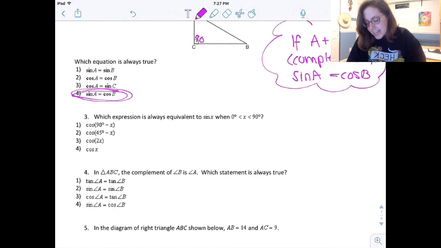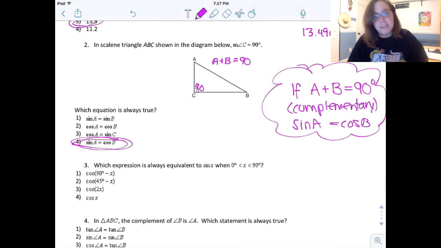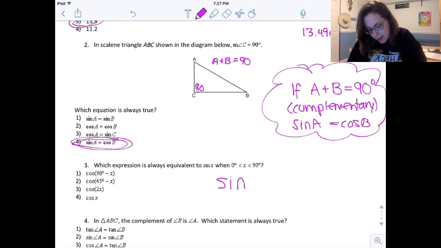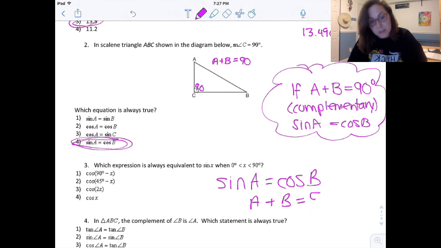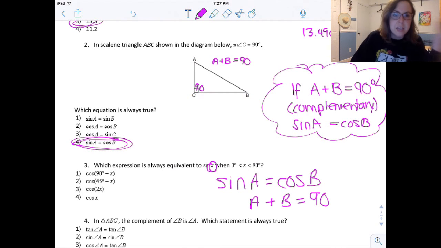Okay? Next one, which expression is equivalent to sine x when we're between 0 and 90? Well, they're all cosines. So I know that sine of A equals cosine of B when A plus B equals 90. So x plus whatever the angle is has to be 90.